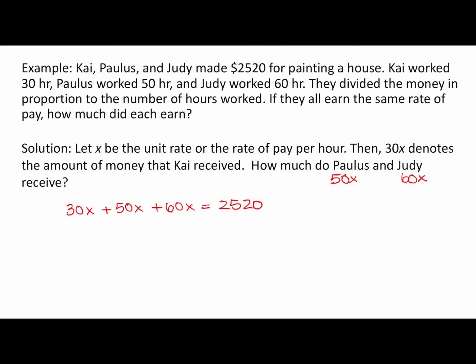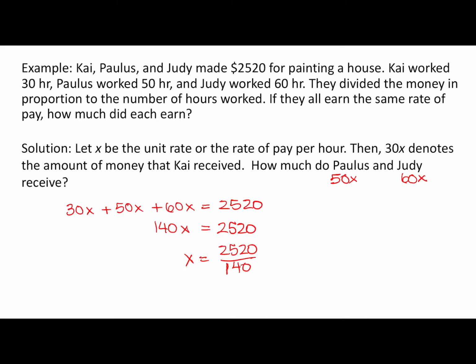it should add up to 2,520. All right, so on the left-hand side, I can combine these terms because they all have an x. So I'm going to get 30 plus 50 is 80, plus 60 is 140x equals 2,520. And now I'm going to divide 2,520 by 140.